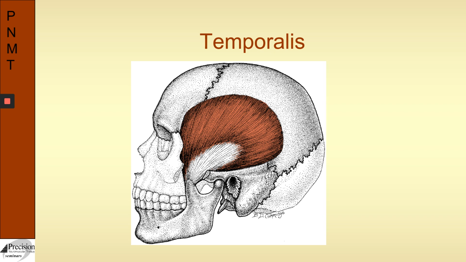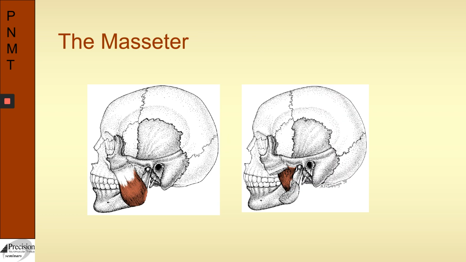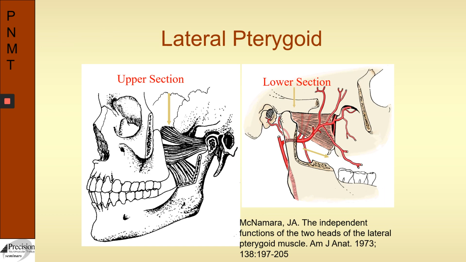And then, of course, in the layer below that, we're going to spend a fair amount of time with the temporalis and its various sections and influences on the movement of the mandible, and also the masseter. And of course, there are two sections to the masseter, a superficial section and the deeper section. Each one of them has their own symptom presentation, and the way you access it is actually quite different. So make sure you're comfortable with that anatomy.